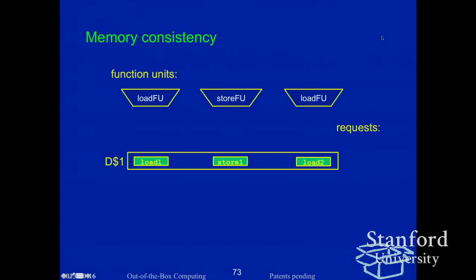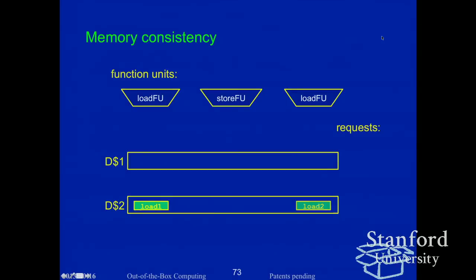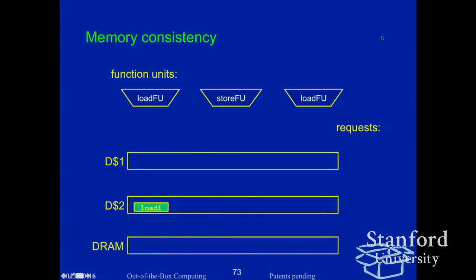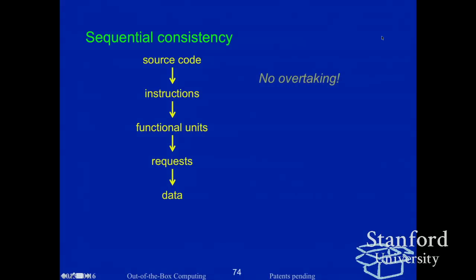So we have a defined order here in the cache, and it may get satisfied and things may go down further, but they too will wind up retaining the order. Consequently, top to bottom, from the original program all the way down through instructions, functional units, requests, and data, there is no overtaking. Nothing is done out of the original order.